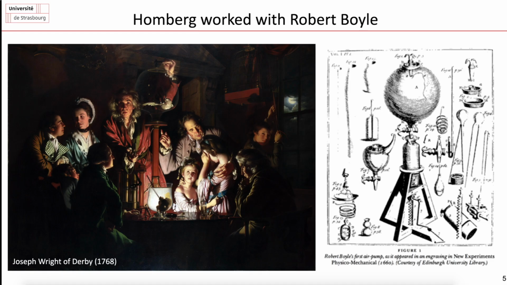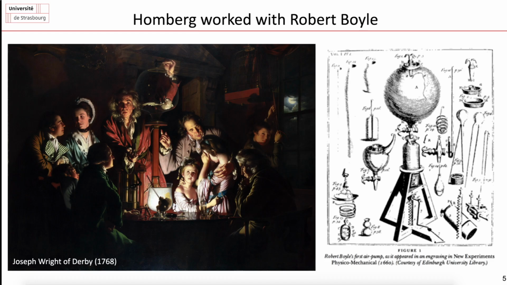So Homburg worked with Robert Boyle. I just want to tell you a little story about Robert Boyle. He has nothing to do with chemical kinetics, but he was one of the first ones to start practicing modern science. And so it was a split from religion, because before that time, let's say before the 17th century, everything that happened in the world had to be explained by God in some way.